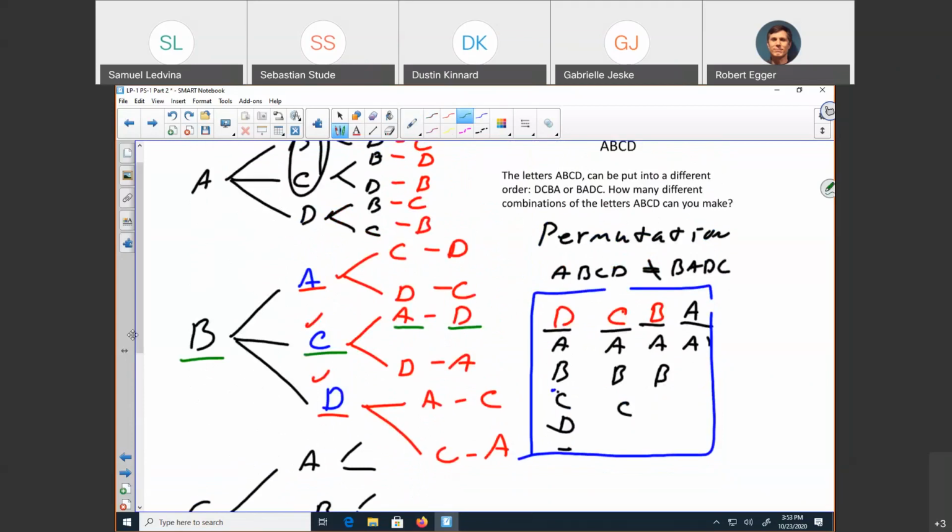D. So in each line, you're going to have A, B, C, D. It's just what way it arranges itself that is the trick, the game. These tree diagrams are a pretty powerful way of organizing a systematic way of cycling through all the options.